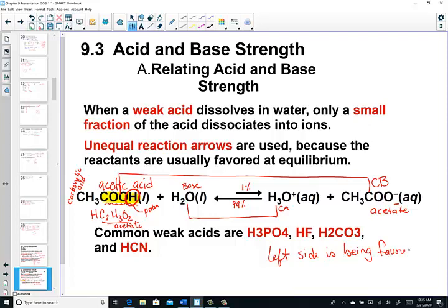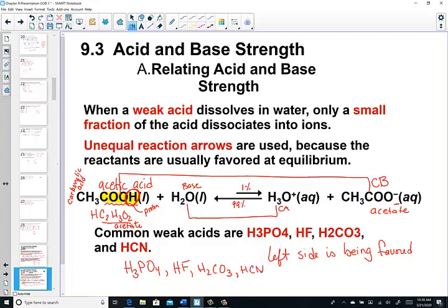Here are some examples of weak acids. Phosphoric acid, H3PO4, from that polyatomic ion called phosphate. Ate turns to ic, and we get phosphoric acid. Hydrofluoric acid, carbonic acid, and hydrocyanic acid.